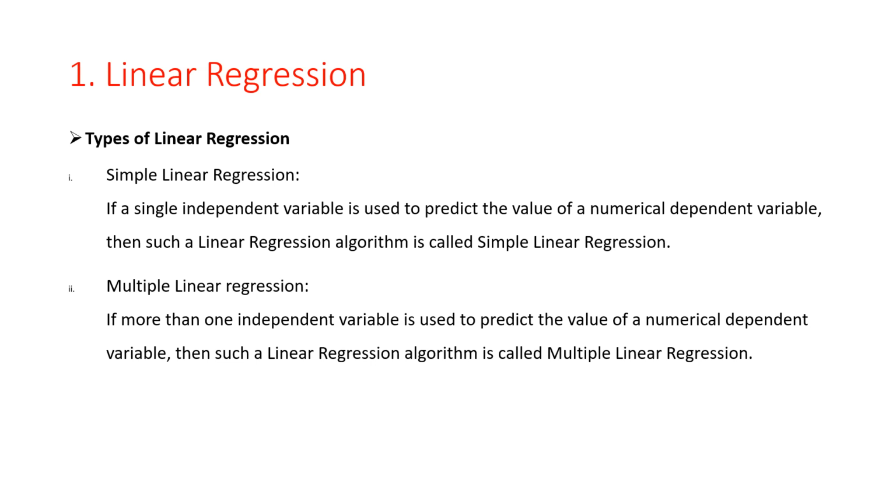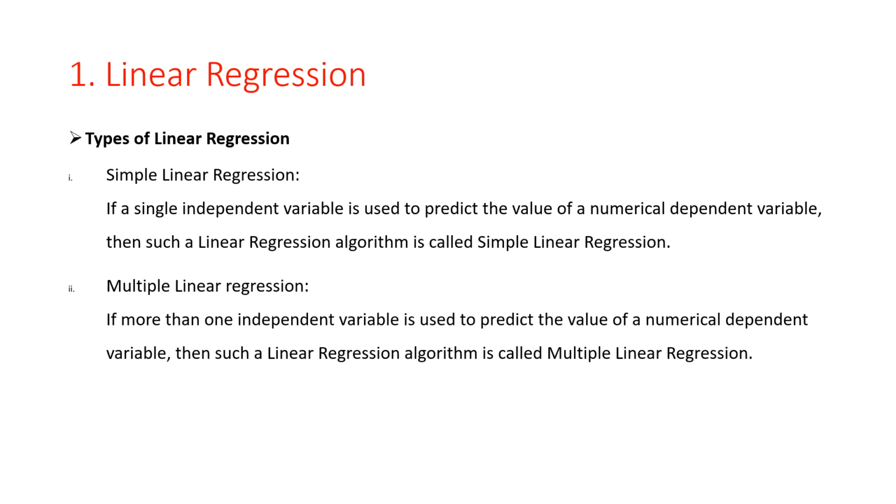And what is meant by multiple linear regression? If more than one independent variable is used to predict the value of a numerical dependent variable, then this type is called multiple linear regression. In simple linear regression, we use a single independent variable to predict the value of a numeric dependent variable. So this is simple linear regression. But in multiple linear regression, we have more than one independent variable.